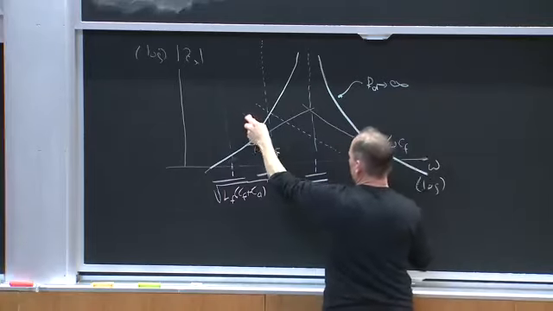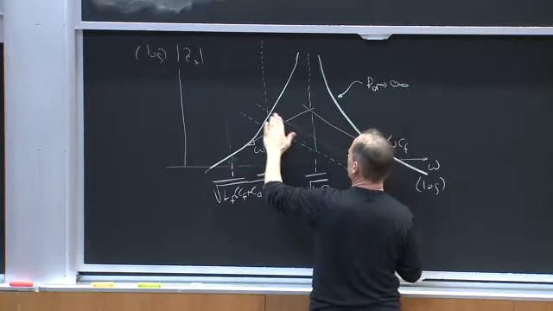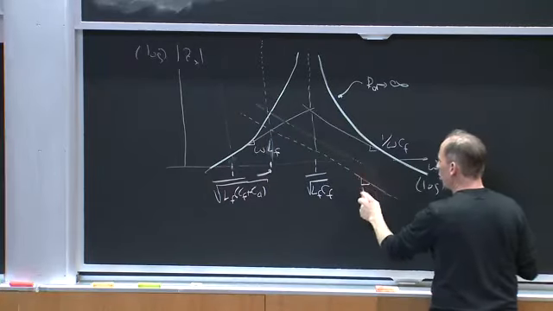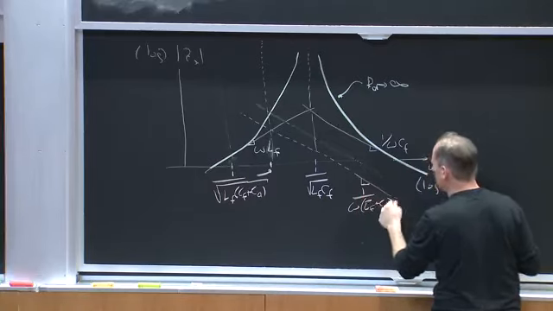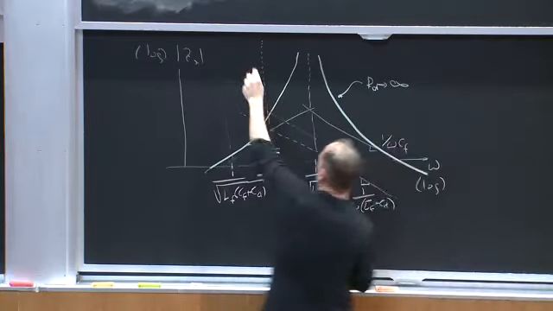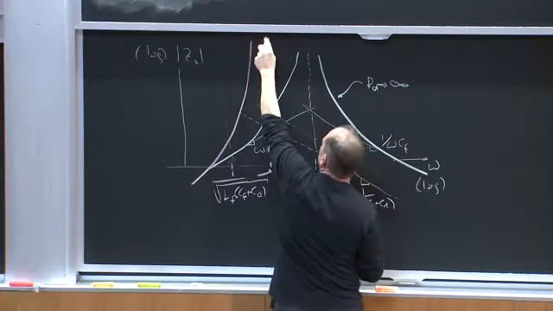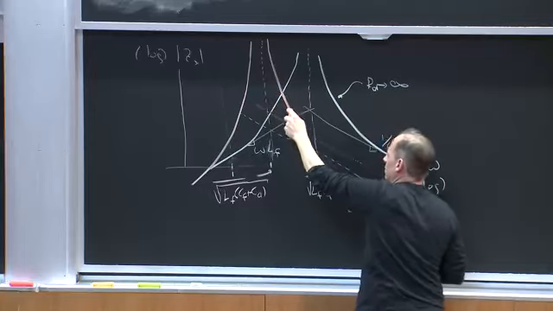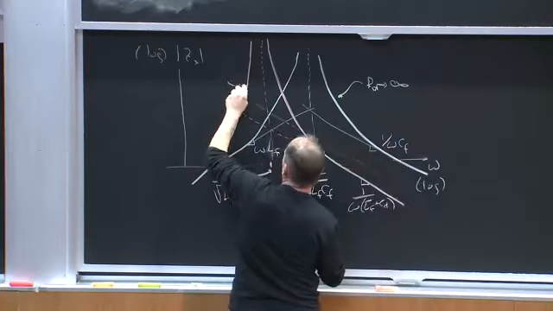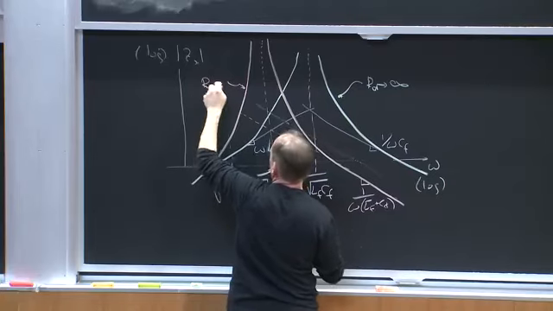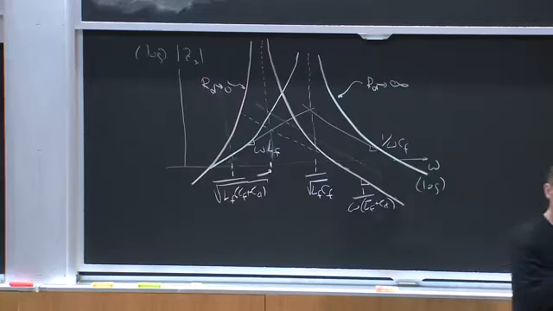Let me be accurate. This would be 1 over omega times CF plus CD, and I would peak up and get something that went off to infinity like this. So this is the case where RD goes to 0 for some value of CD that I've picked. Does that make sense to everybody?